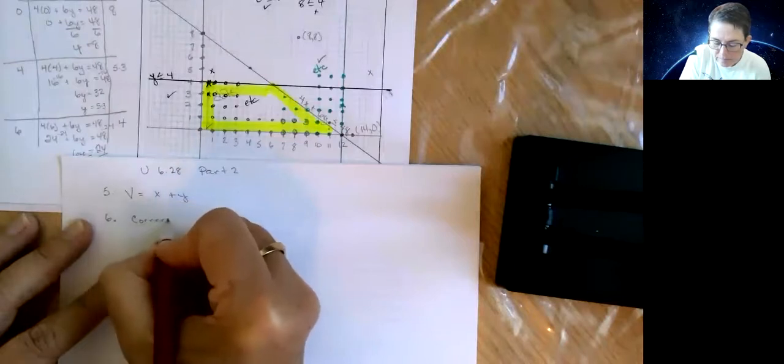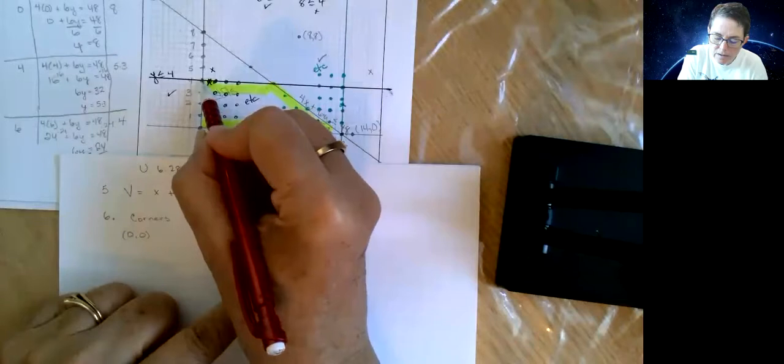We've got 0 and 0, 12 and 0, 6 and 4, and 0 and 4, sorry. These are corners, and that's where the maximum and minimums are going to occur.